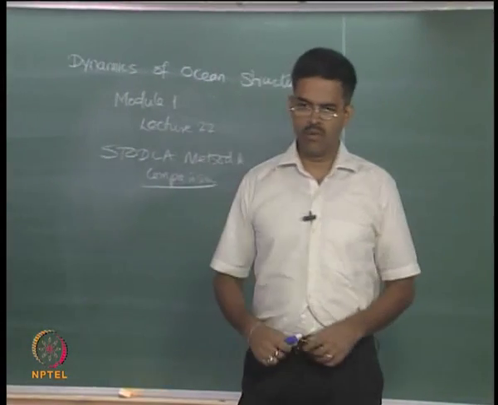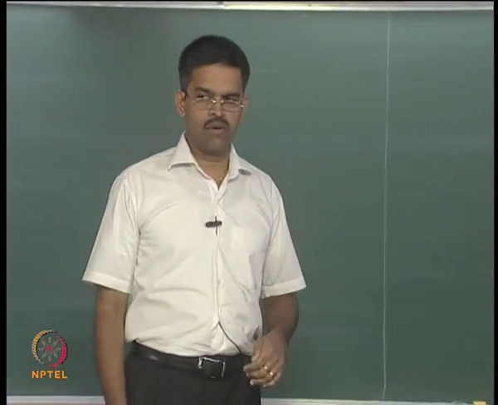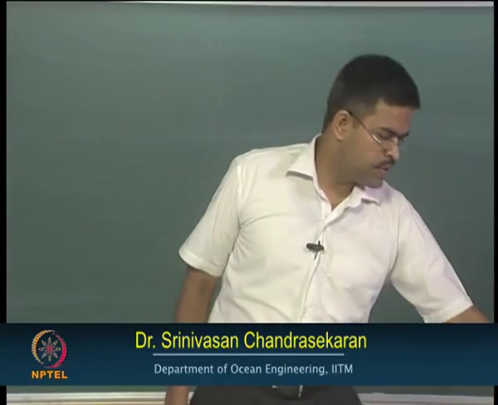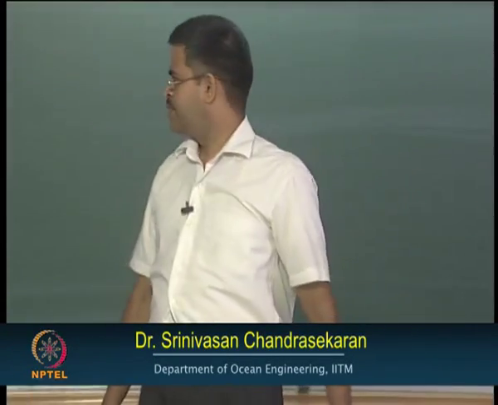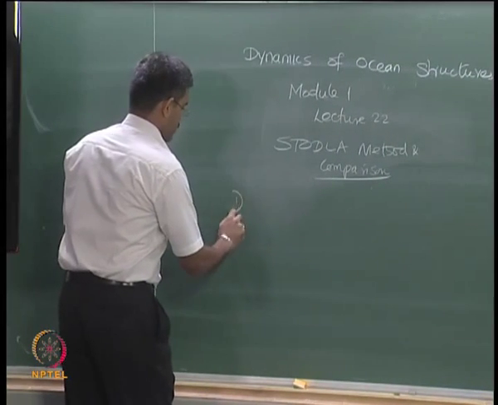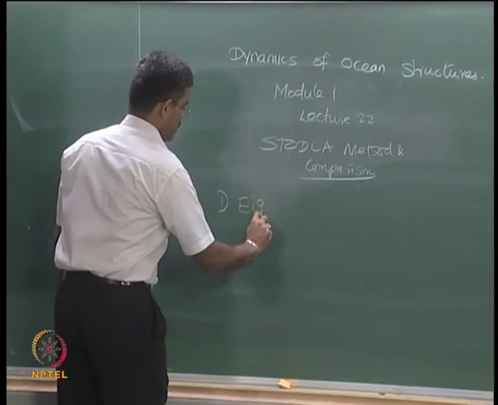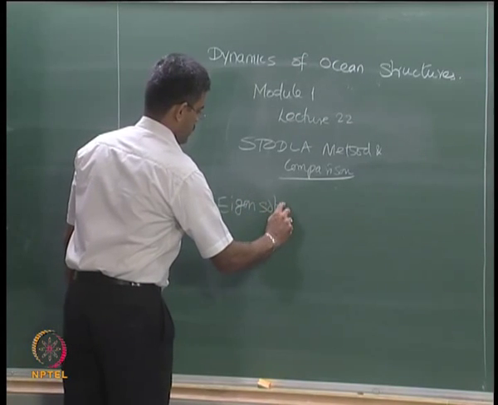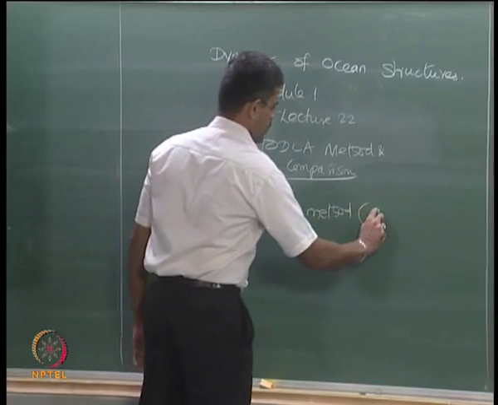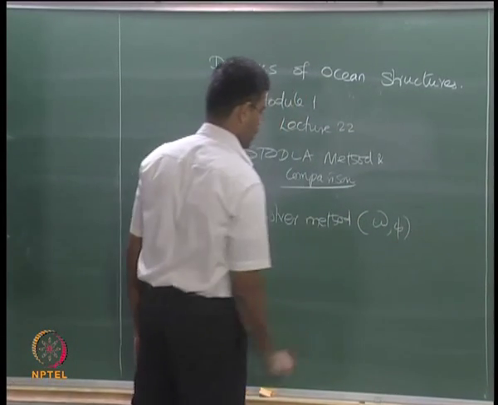So, we will today discuss about another method where we can solve the natural frequency and mode shapes of the multi-degree freedom system models. So, let us quickly see, in the last few lectures we saw the classical eigensolver method, which can give me omega and phi.